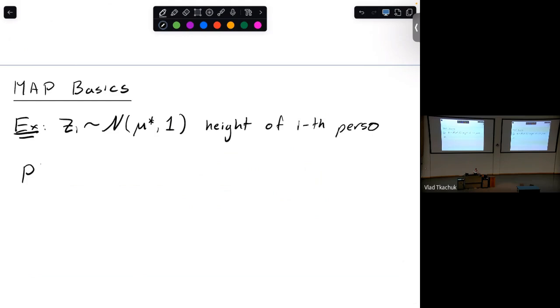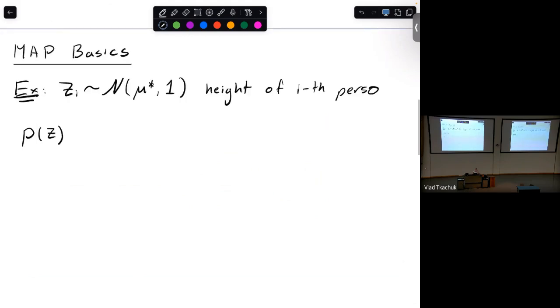And what that meant is just that this distribution for a particular value of z, for a particular height, this PDF was the normal PDF. Let me just rewrite it.